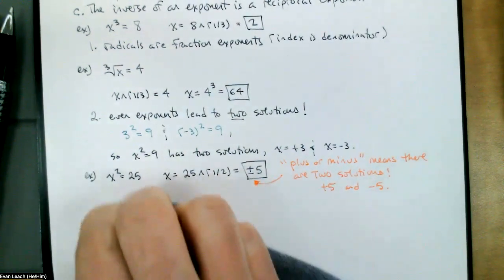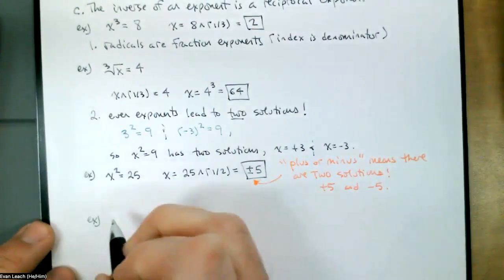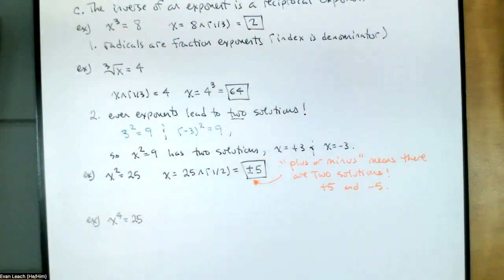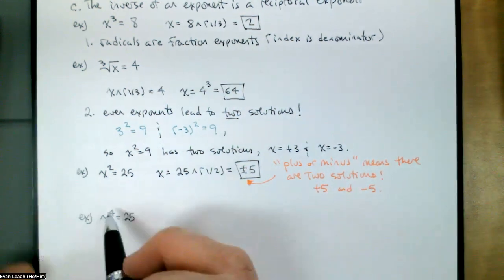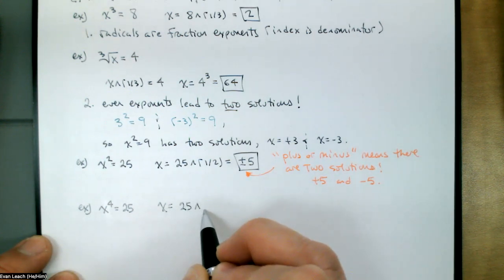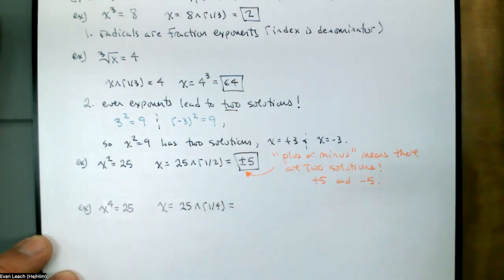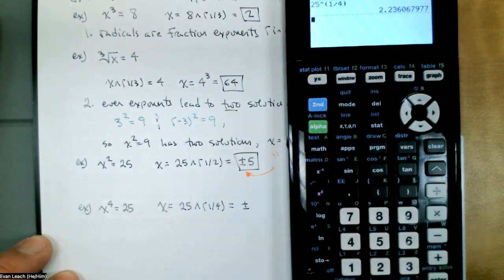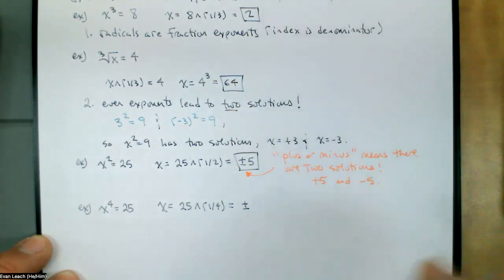Let's do a bigger one. So if x to the 4th is equal to 25, then I'm going to do 25 to the 1/4 power, and we're going to write plus or minus because we started with an even exponent. So 25 to the 1/4 is 2.236.